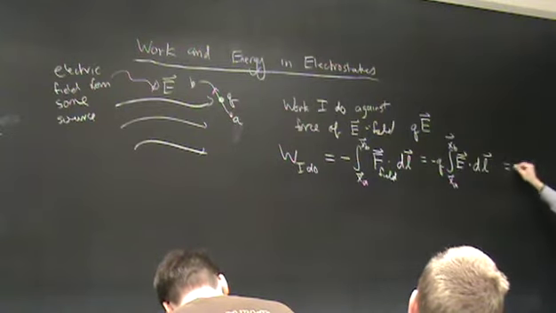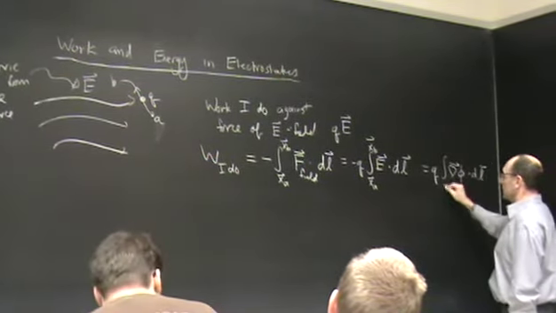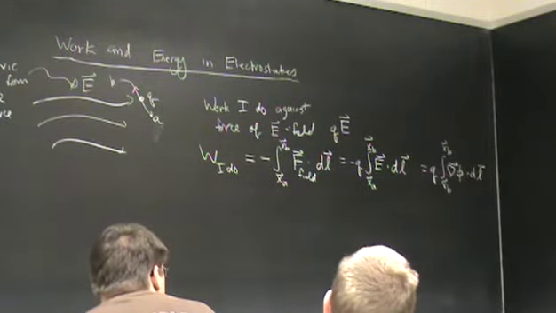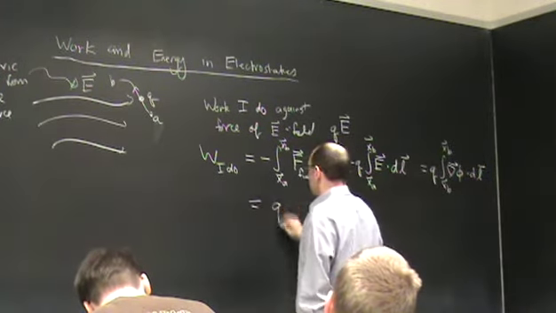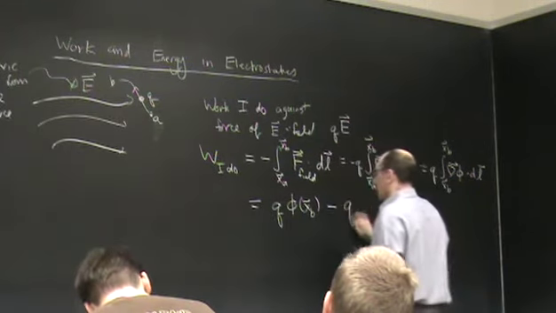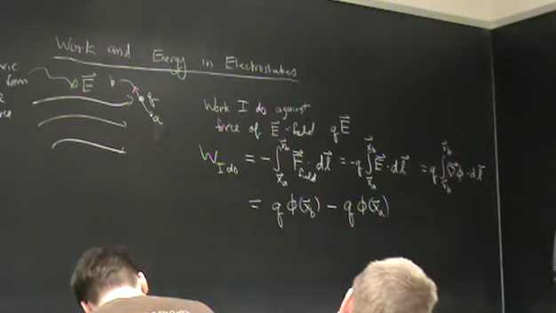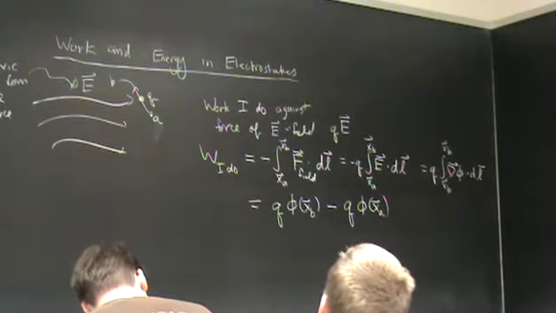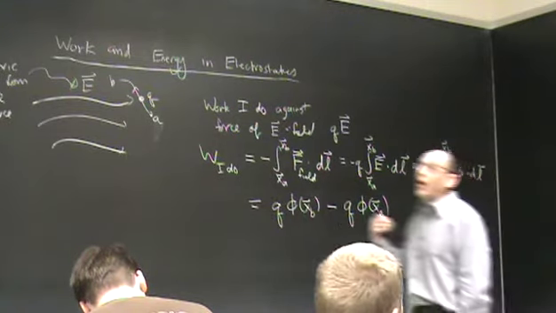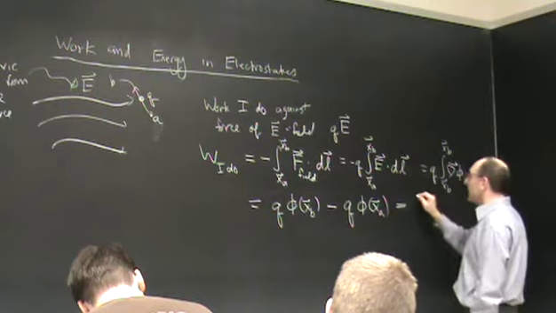which is Q times the gradient of the potential, electrostatic potential, which is thus equal to Q phi at x_B minus Q phi at x_A. So the work I do when we move the charge against the field is then said to be put into the potential energy.